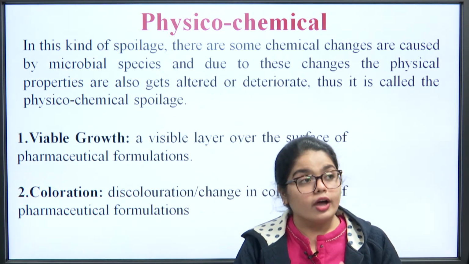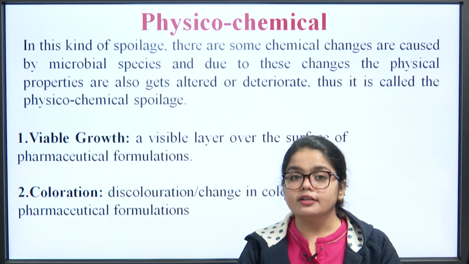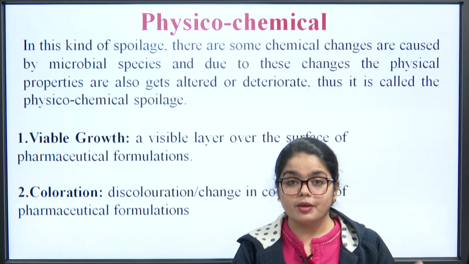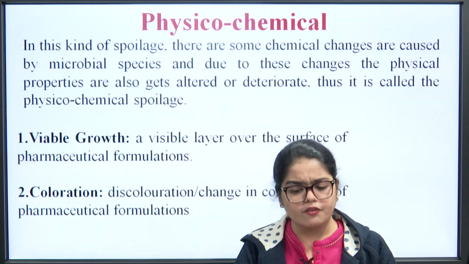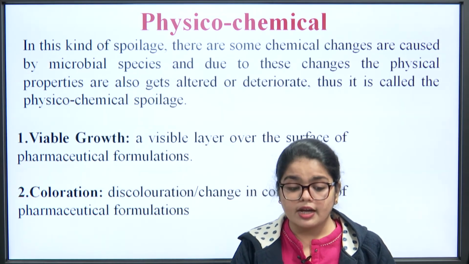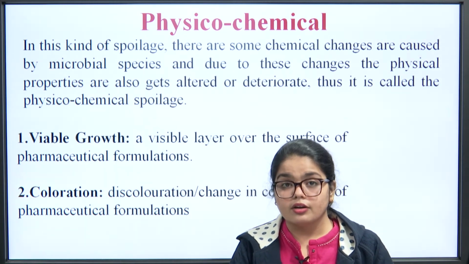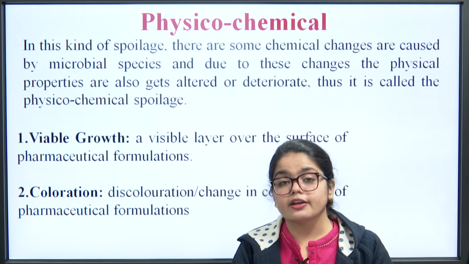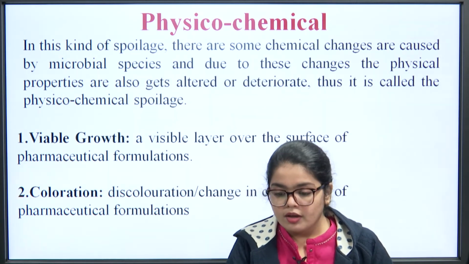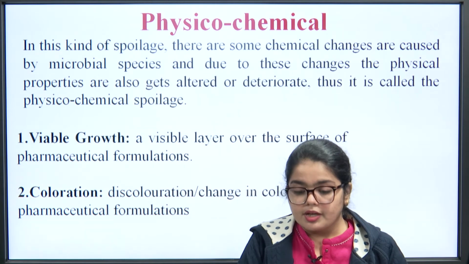Turbidity may occur, or if the syrup is completely turbid and the microbial action occurs, it may become transparent. These kinds of changes are visible to you, and they should not be ignored, because these are the indicators that the substance is being deteriorated. Thus it is called physico-chemical spoilage.